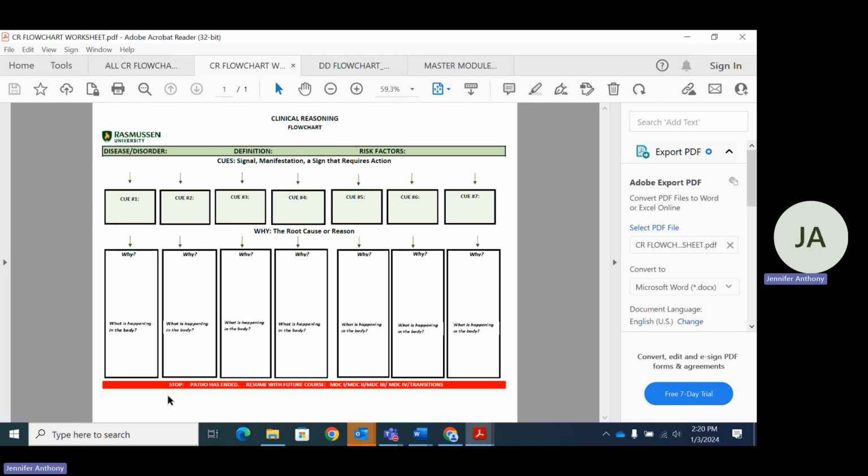There's a very clear red line that says stop, patho has ended. Nowhere in the pathophysiology course is there an expectation for understanding how to fix, how to diagnose, how to treat any of the diseases within the course. There are no questions in the test bank that determine that portion of their knowledge.